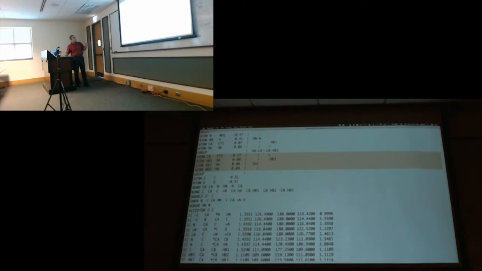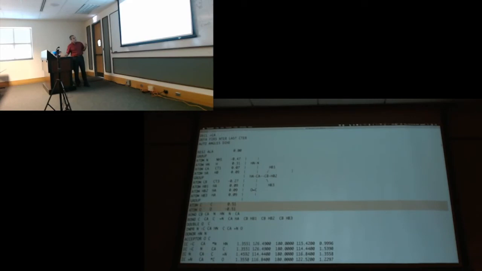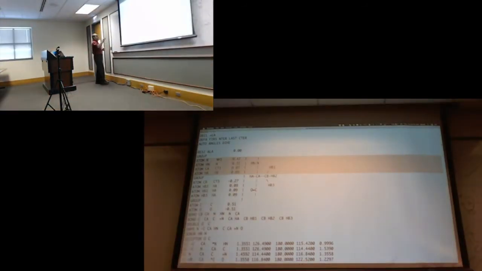As you can see, the carbonyl of the backbone is defined as a separate charge group, and the nitrogen and C alpha are used as a separate charge group. Okay, so now what are these charge groups? Again, we talked about the concept of cutoff.